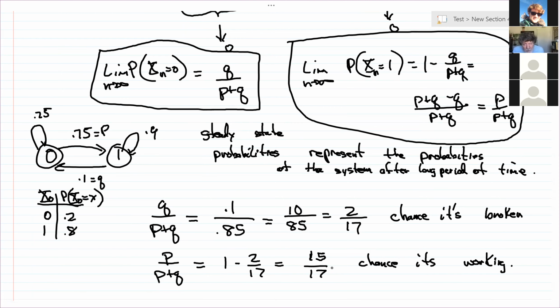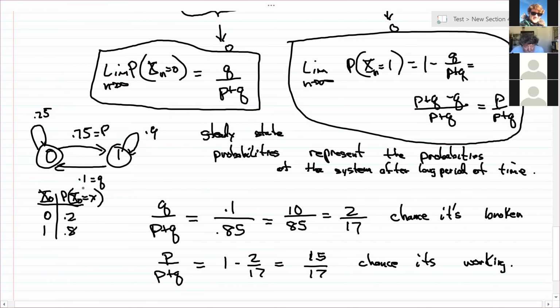Couple remarks. It doesn't really depend upon the initial distribution, right? Doesn't depend if this was a 20-80% chance, or these could have been reversed. There could have been an 80% chance it was broken at the beginning, and a 20% chance it was working on the initial day.